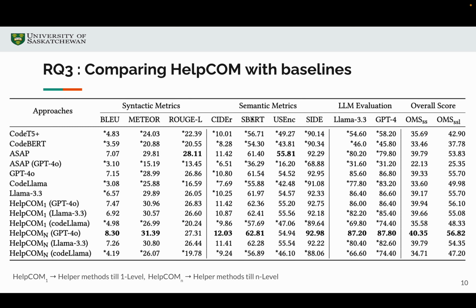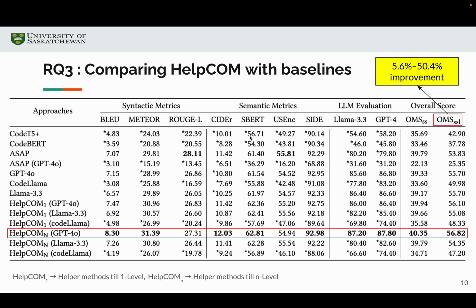Then we generated the scores, and you can see the bold ones are the best score for each metric. For almost all cases, HelpCom with level n using GPT-4o has outperformed all the baselines and all variants of HelpCom in almost all the metrics except two, I guess. But in overall scores, HelpCom level n with GPT-4o stands out as the best one.